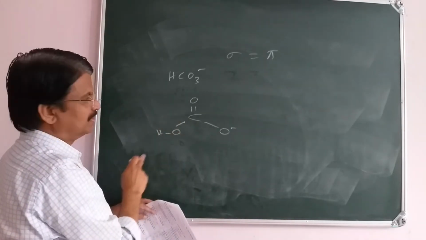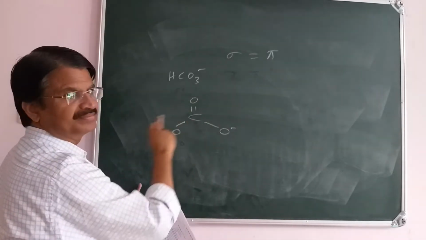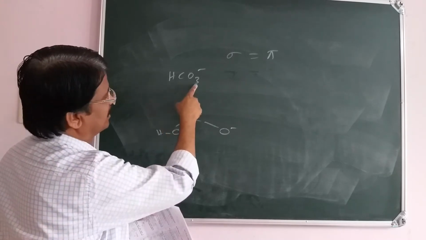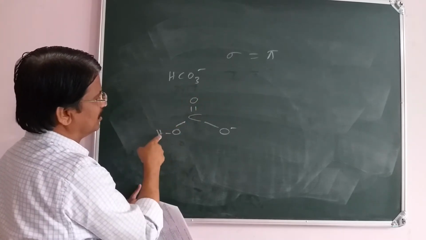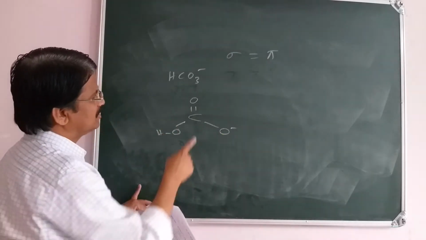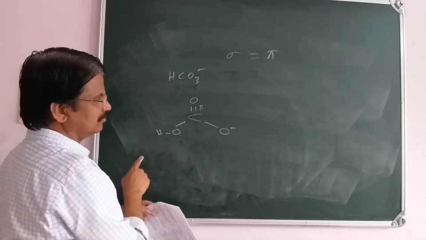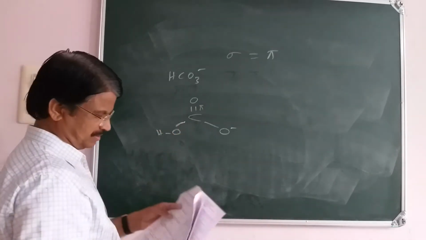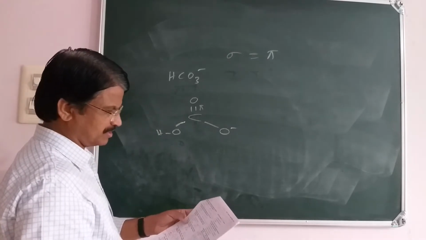HCO3 minus, bicarbonate ion. H2CO3 is carbonic acid, and this one is the HCO3 minus ion. But this contains one pi bond and sigma bonds 3. Therefore, we cannot say the answer is first.